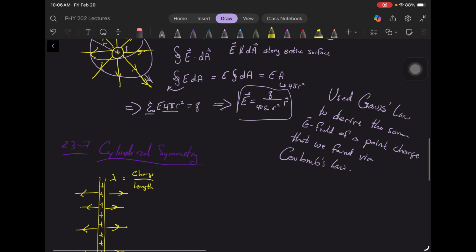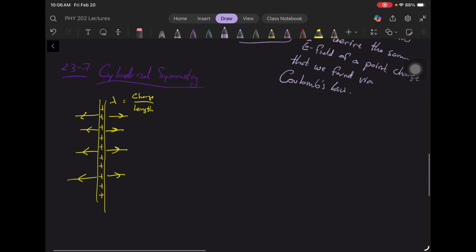Okay. And so let's come along and bring in our Gaussian surface. I guess we'll keep using pink for that. And so, all right, we have our Gaussian surface here. And so let's start off with Gauss's law once again.